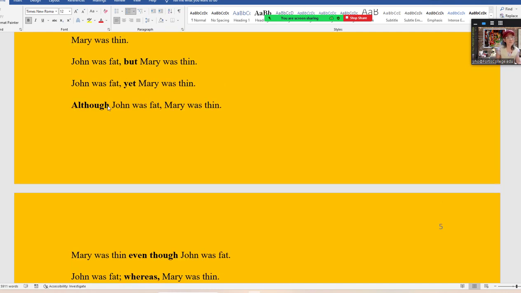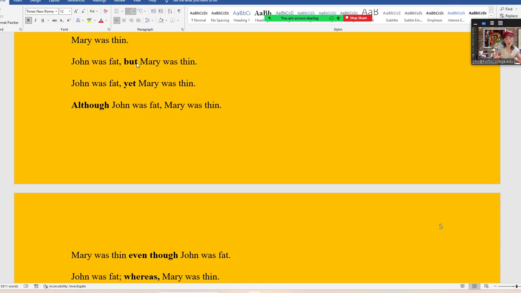Now, if I don't write although, and I decide as a writer I want to use but, then both sentences are equally important, so the reader will read it as John was fat, but Mary was thin. So that's the difference between a compound and a complex sentence, because you, the writer, will decide how the reader reads the sentences and how you want the reader to emphasize one fact or another fact.